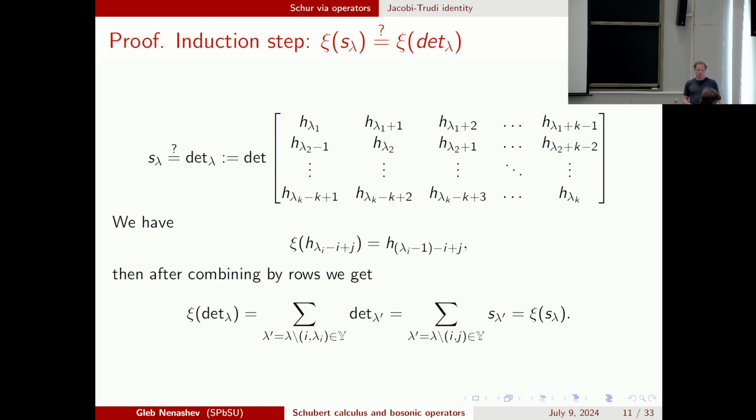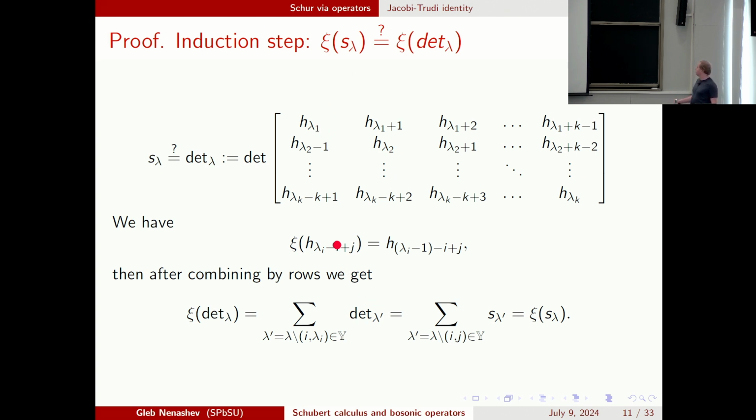Okay, how can we prove it for Xi? So Xi of H has a very simple formula. Let's combine everything by rows, and we get that.